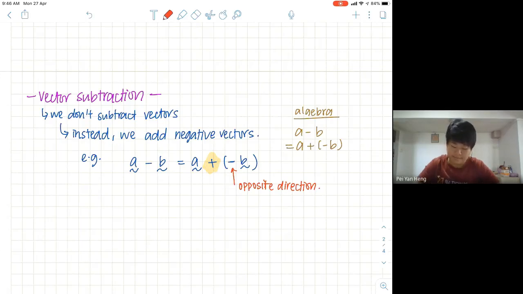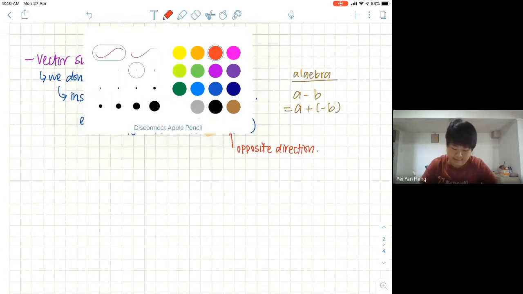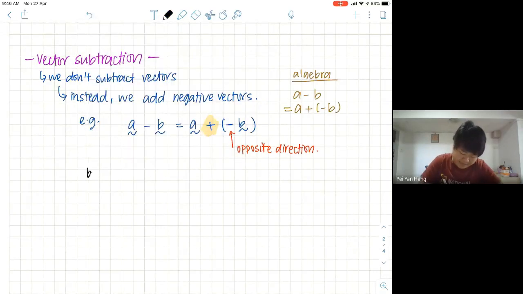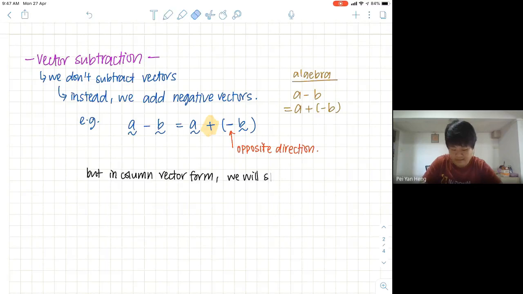This is a bit confusing, but in column vector form, subtraction, we will just subtract as per normal.